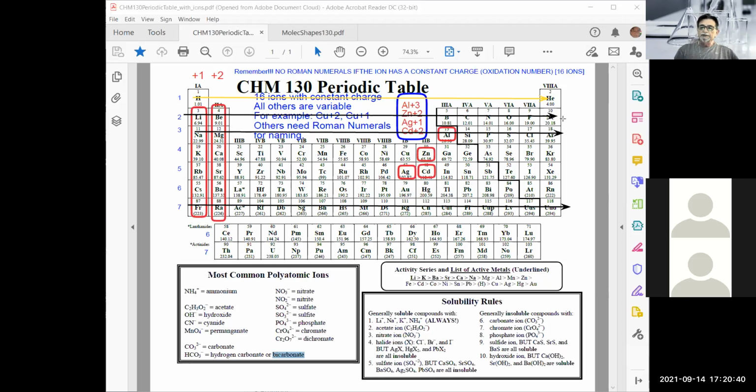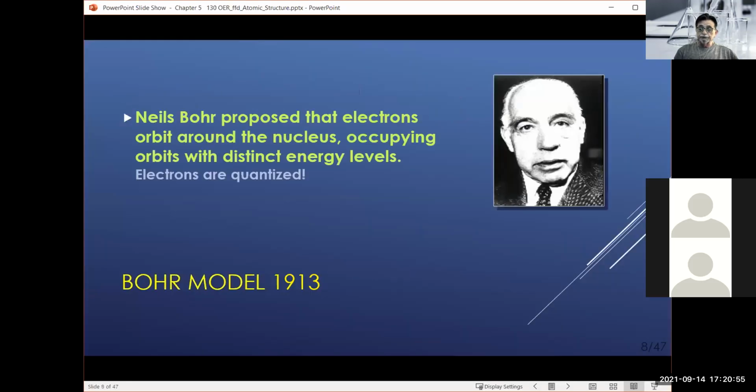And electrons exist in sub-energy levels that are noted as orbits or orbitals. Okay. Electrons are quantized and they exist in distinct energy levels as proposed by Niels Bohr.